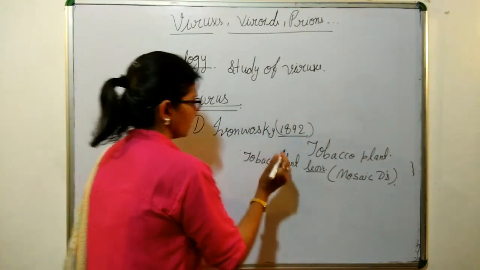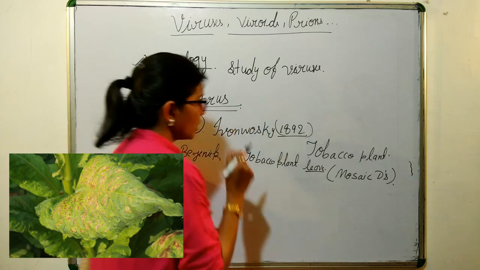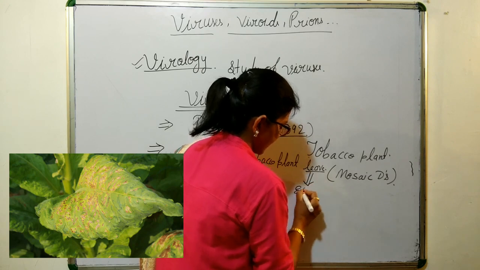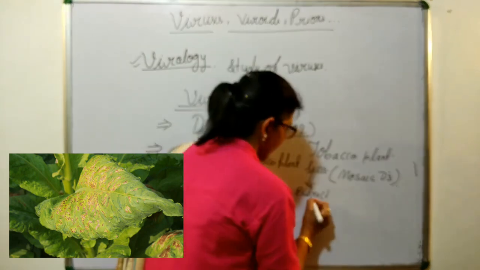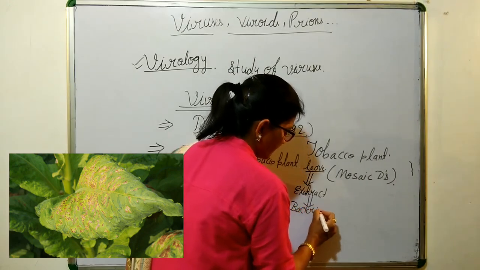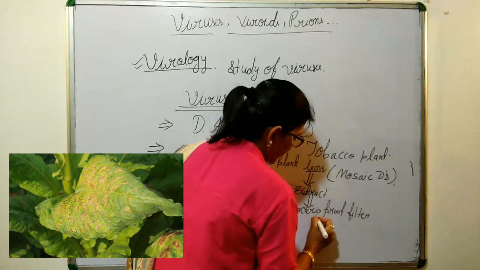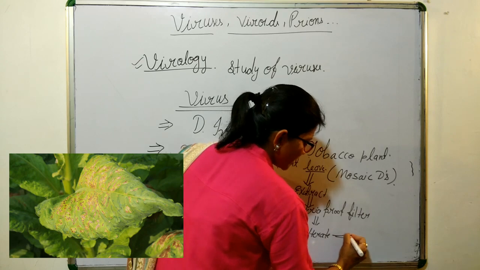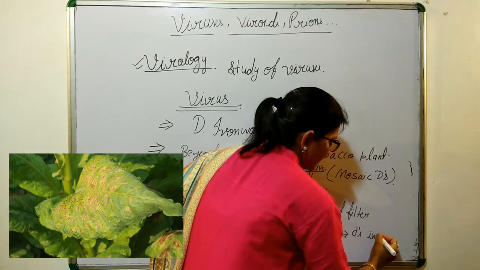He took the extract of this diseased leaf and filtered it with a bacteria-proof filter. But what did he find? That the filtrate had the potential to cause disease, or it caused disease in the healthy leaves.